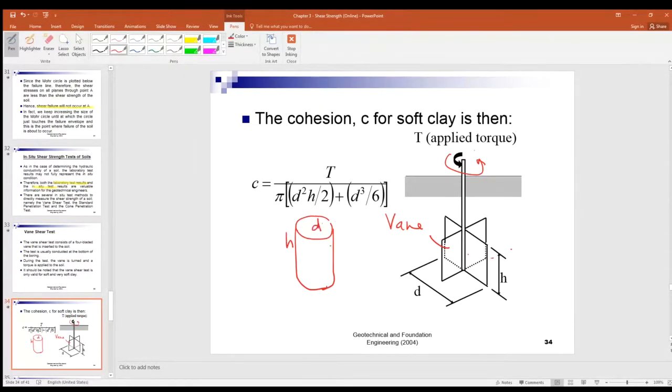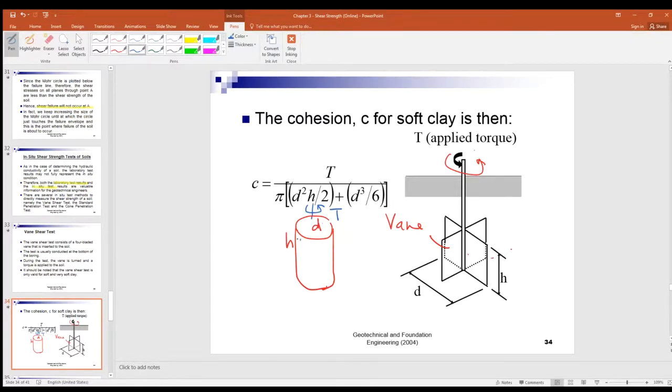So when you rotate it, there is the torque, right? The moment, which makes the vane rotate in a counterclockwise direction.